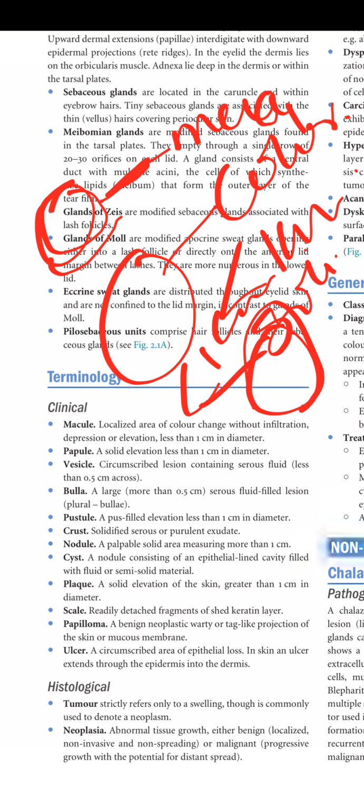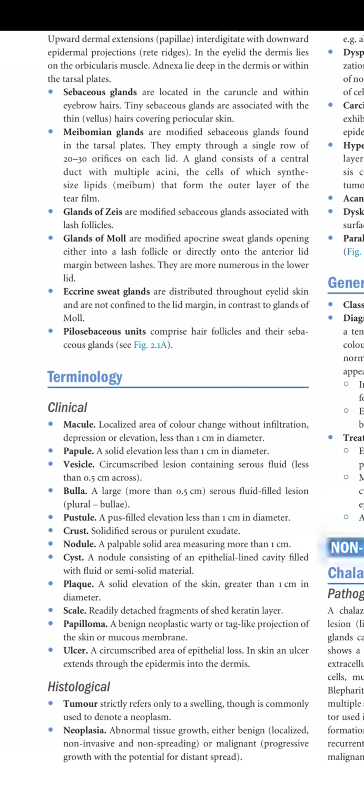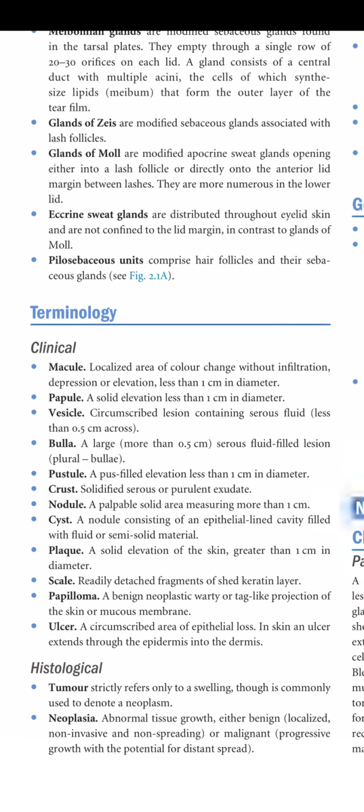A bulla is a large, more than 0.5 centimeter, serous fluid-filled lesion; plural bullae. So a vesicle contains serous fluid and is up to about 0.5 centimeter, whereas a bulla is more than 0.5 centimeter. A pustule is a pus-filled elevation. Whenever there is a pussy elevation less than 1 centimeter in diameter, you can call it a pustule.